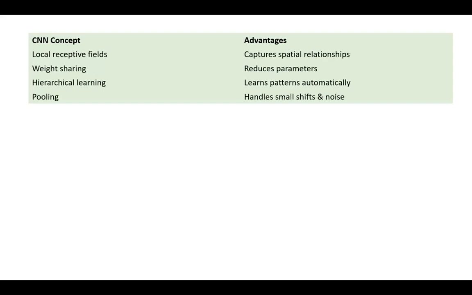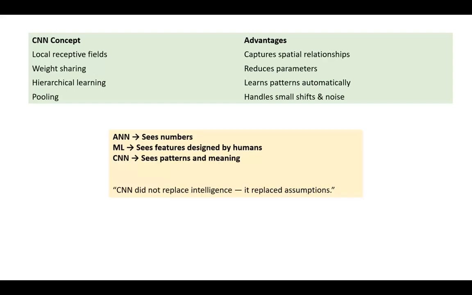CNN has 4 important concepts. Number 1, local receptive fields, which capture the spatial relationships. Number 2 is weight sharing mechanisms that reduce the actual number of parameters. Number 3 is hierarchical learning that learns patterns automatically, and number 4, pooling mechanisms that handle even small shifts and noise.